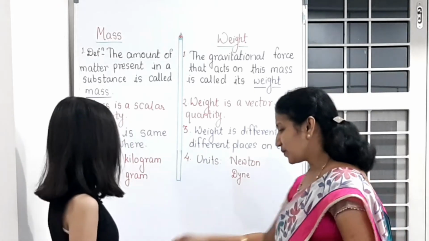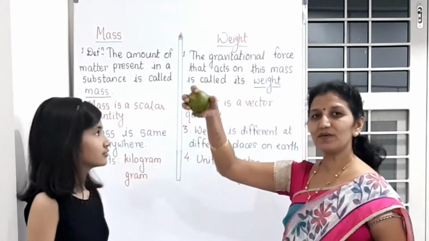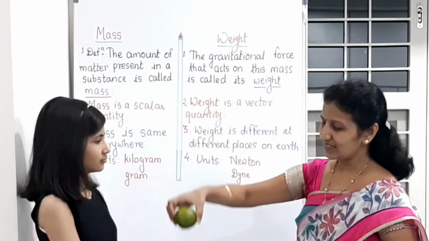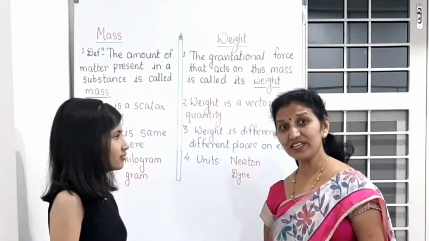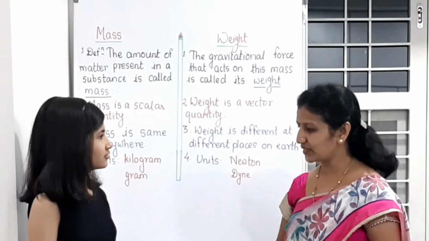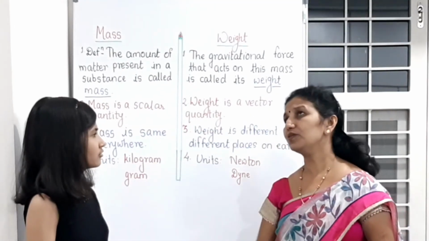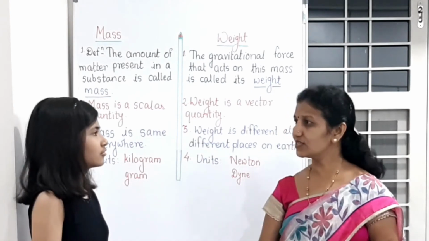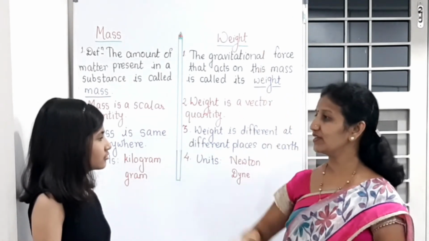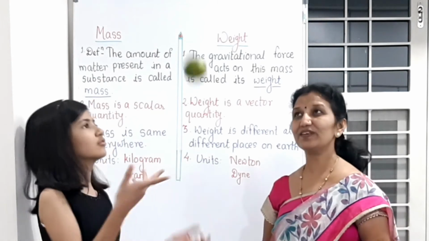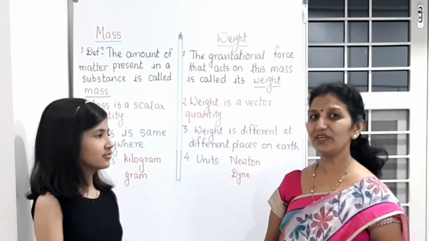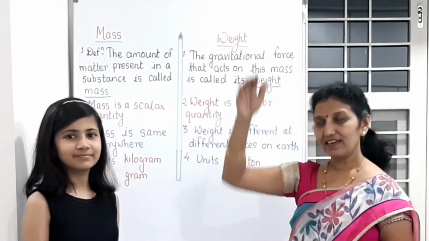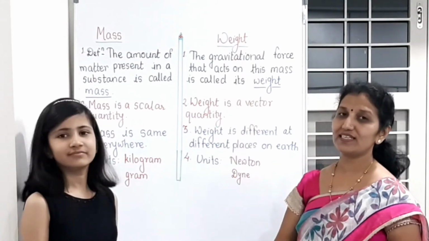See, now if I drop this fruit, you can do it. What happened? It came downwards. Even if you throw it upwards, it will not go upwards. See, you can do it practically. She has thrown it upwards, and it comes downwards again.